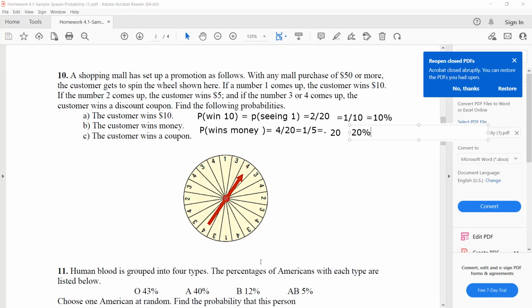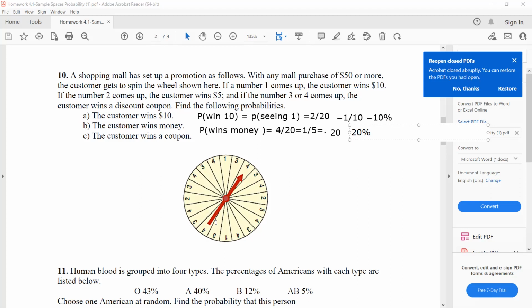Okay, so there's one, either 3 or 4. So 1, 2, 3, 4, 5, 6, 7, 8. 8 for 3.